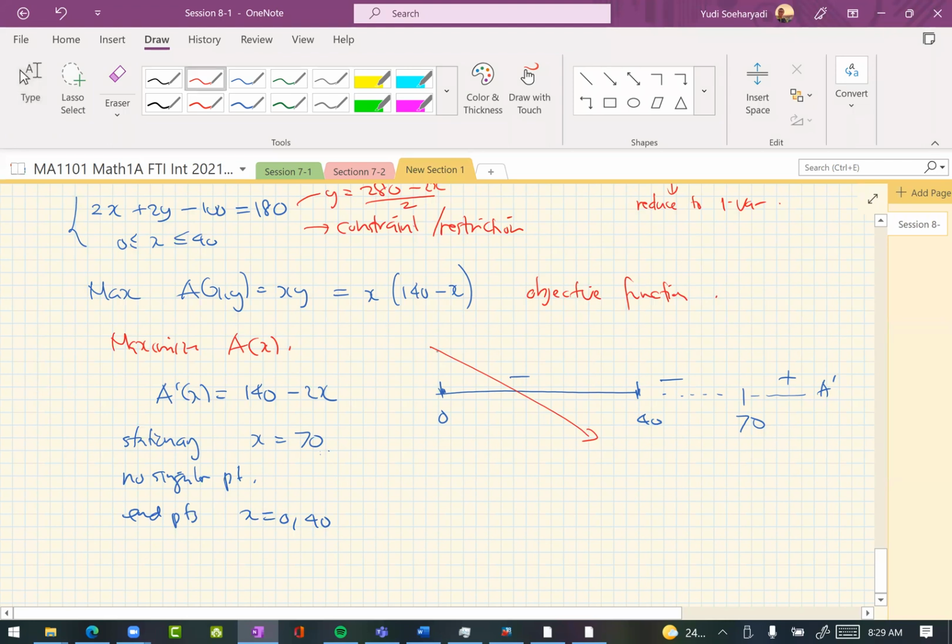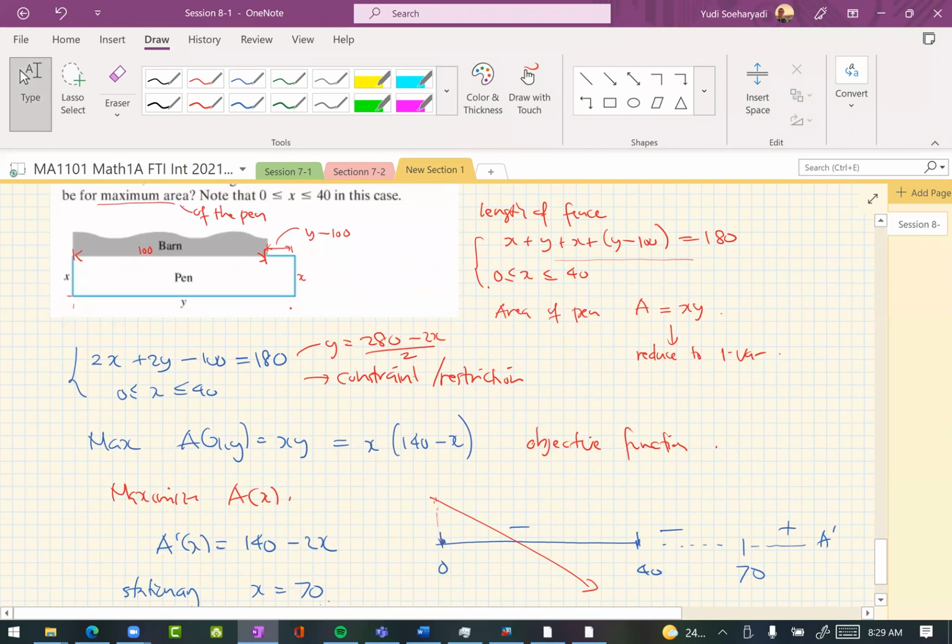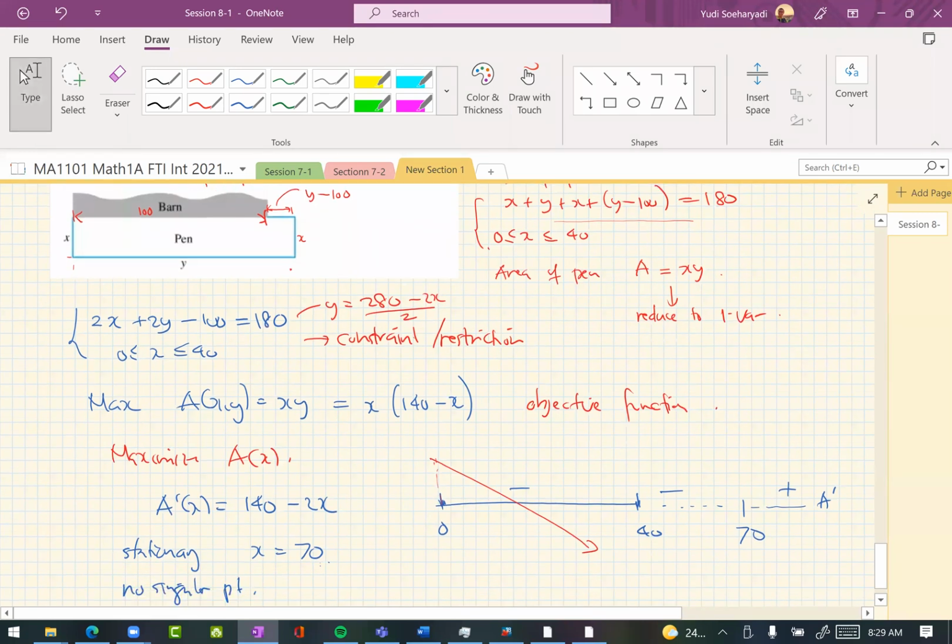So the maximum would be at 0, but at 0, you don't have an area at all.